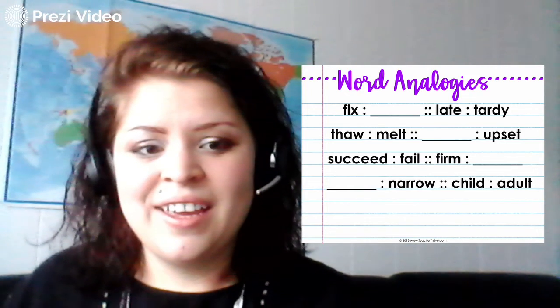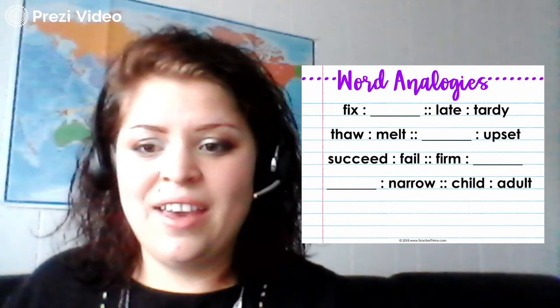Good. Now, there are different types of analogies than just synonyms and antonyms. So let's start talking about a few more of the basic types of analogies. I think analogies are fun once you get to know them. They're like little word puzzles.